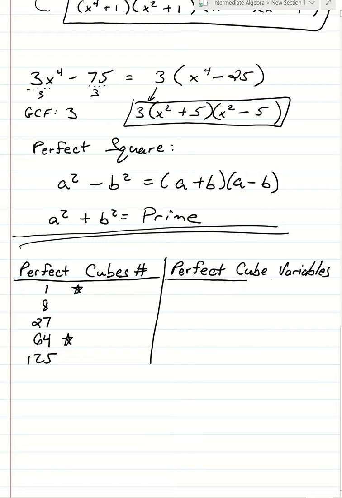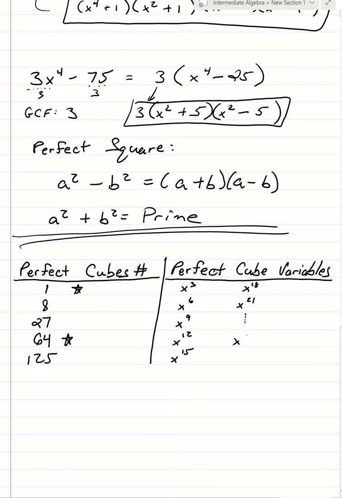Now we said the perfect square variables had to be even numbers, which means in essence they had to be divisible by 2. Well, here are some perfect cubed variables. X to the third, x to the sixth, x to the ninth, x to the 12th, x to the 15th. Those are the first 5 perfect cubed variables. And of course there are others. X to the 18th, x to the 21st.